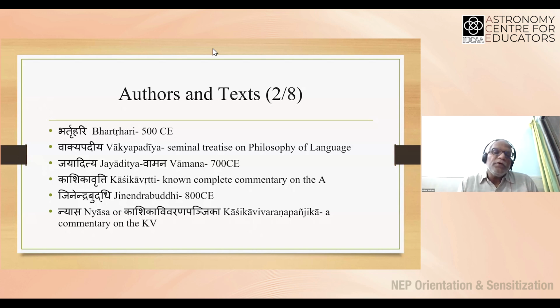This is an extremely important text called Kashika Vritti, followed by Jinendra Buddhi, who commented on this particular text through his commentary called Nyasa or Kashika Vivarana Panjika. One of the interesting things about this Jinendra Buddhi is that he, of course, is a Buddhist scholar, a Buddhist monk, and he composed several texts.